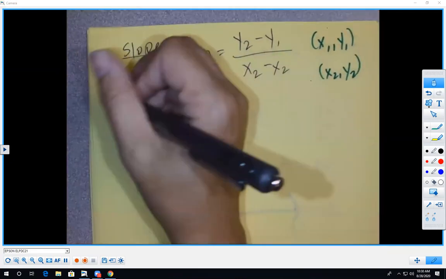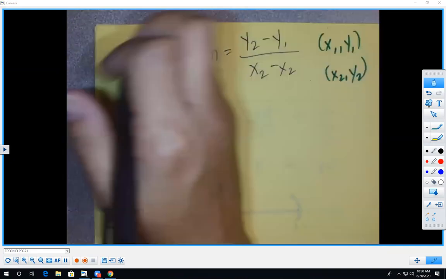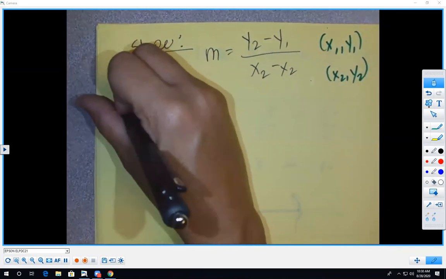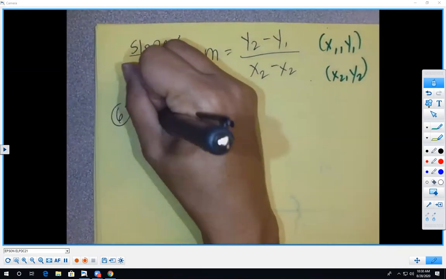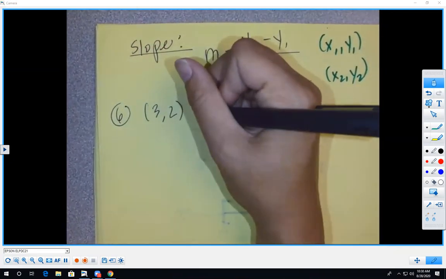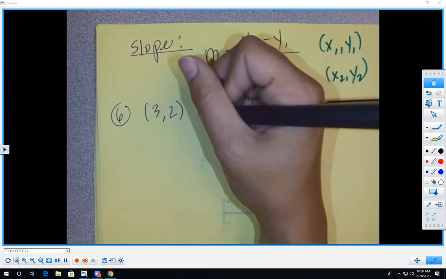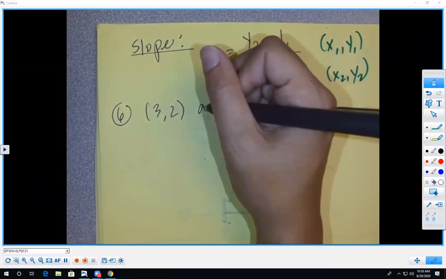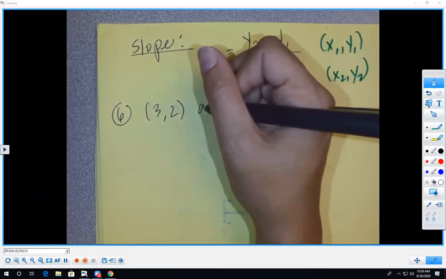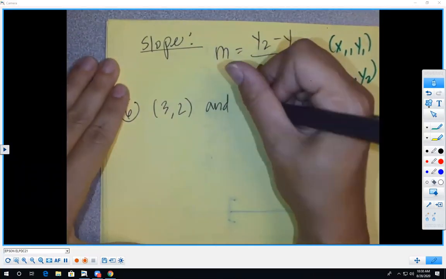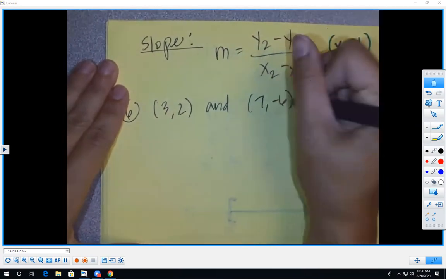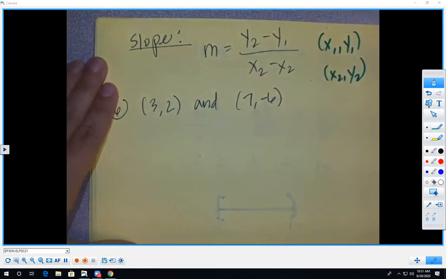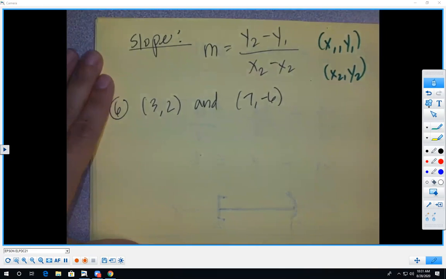So what if my ordered pairs were, this is number 6, 3, 2, and 7, negative 6. -6 minus 2.